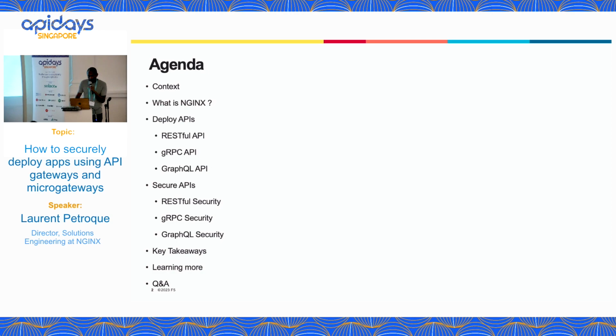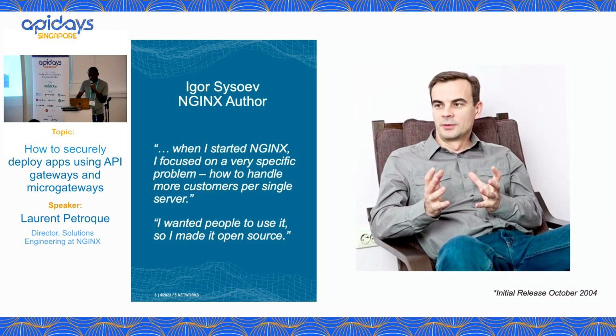Okay? So, not being too serious, let's cover a little bit of the history of Nginx. Who knows that guy, Igor? Probably all the developers who started deploying applications with Nginx know him.